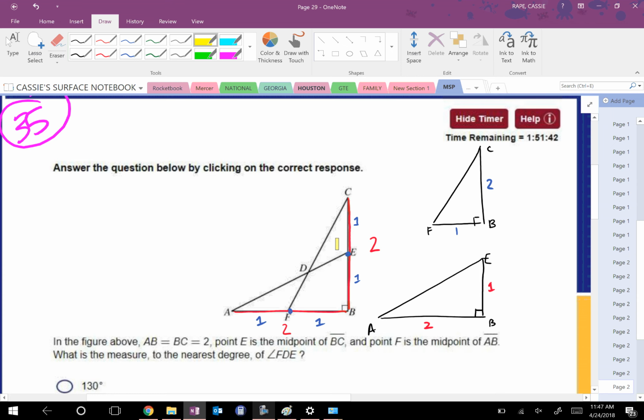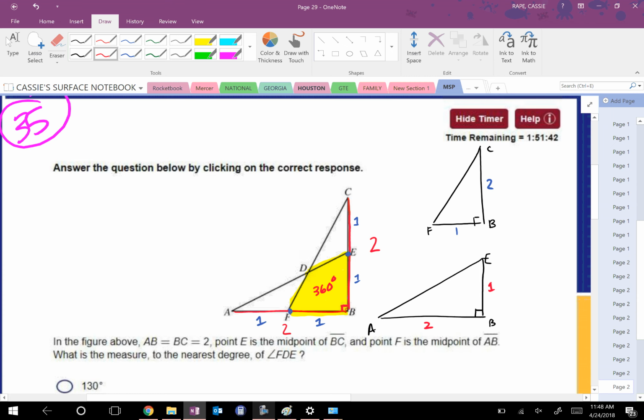Whenever you're given side lengths and then you're asked a question about angles, you're going to have to do an inverse trig function. Looking at these, it's going to be close to the same trig function that you're going to use, but this angle right here, angle DEF, is the one it wants me to find. This is how I'm going to do it. Because this is a 4-sided figure, the sum of all of the interior angles is 360 degrees. 90 of that you already have because B is a right angle.